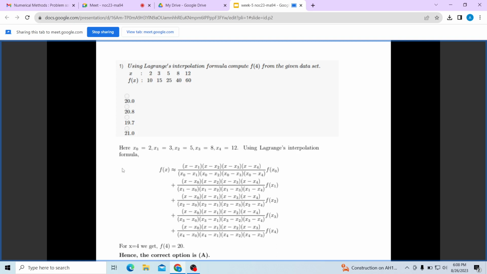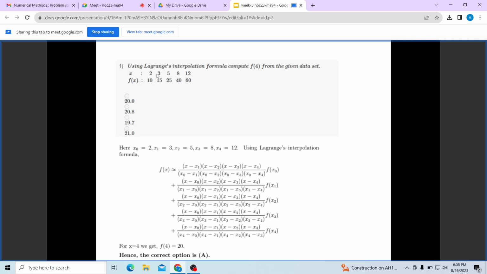So how to proceed? First, arrange the values as x0, x1, x2. Here x0 is 2, x1 is 3, x2 is 5, x3 is 8, x4 is 12.